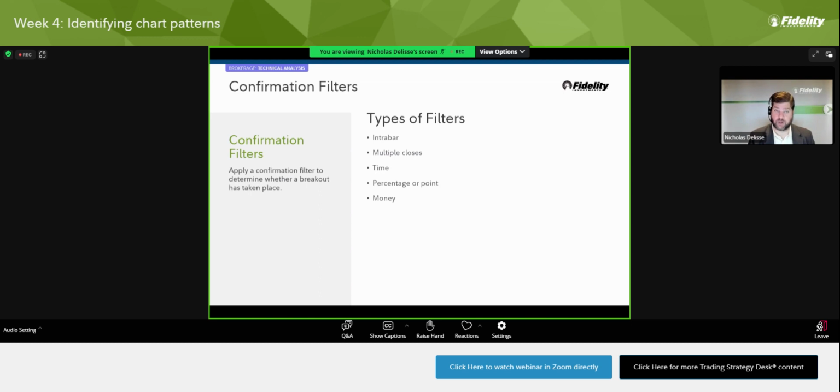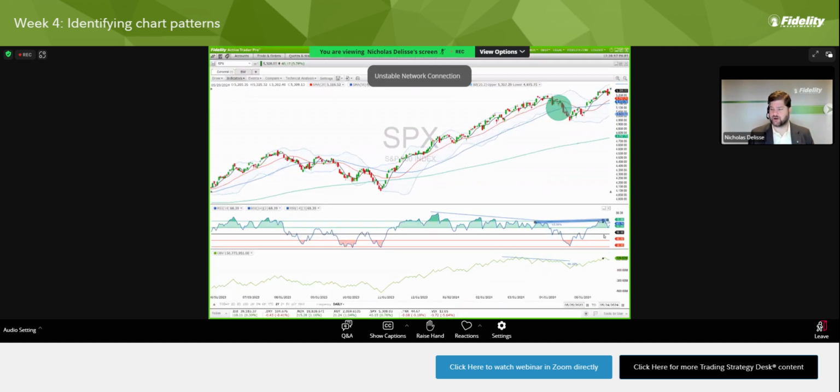Do you wait for more than one close above that? Do you wait for it to be above it for so many periods of time, so many days? If we're looking at days still, look for it to be a percentage above it or a flat dollar amount above it. Some great examples, of course, on the chart here.